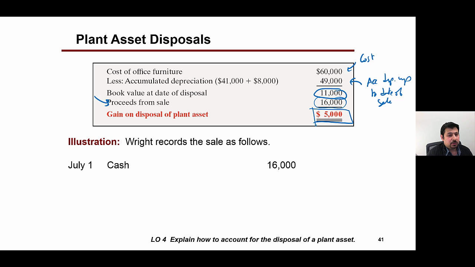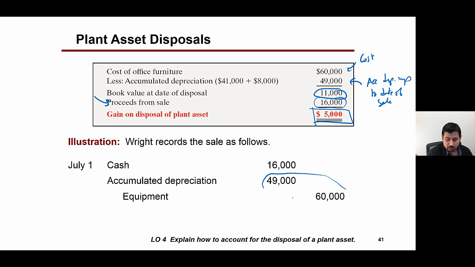And it will also debit accumulated depreciation 49,000, will credit equipment account 60,000, and those two together give us the book value, which is equal to 11,000. So the difference between 11,000 and 16,000, which is gain on disposal of plant assets, is credited 5,000.